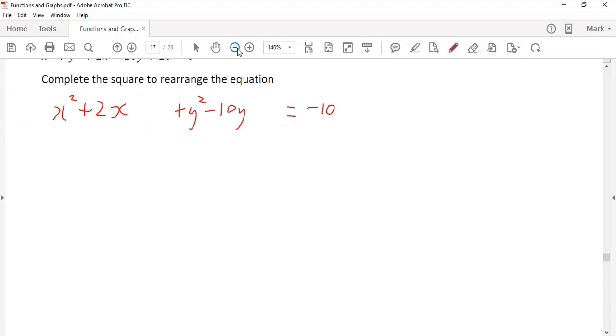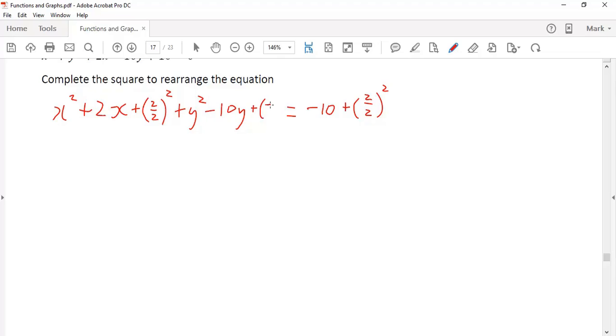So now I'm going to complete the square for each of them. So when completing the square, you add b over 2 all squared to both sides. So if we're going to do it to here, in this case the b is 2. So it's 2 over 2 all squared. And then if you do it to one side, you got to do it to the other. So for this one, b is negative 10.